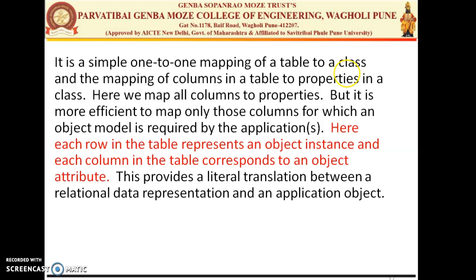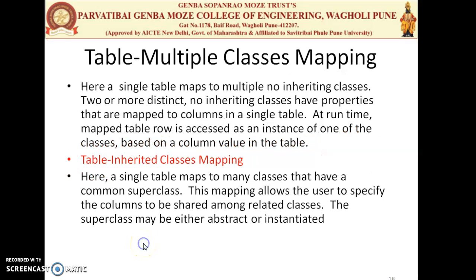Each row in a table represents an object instance and the columns represent the attributes. So in a table we put the rows as different objects, and in the column section we have the properties of that particular object. This provides a literal translation between the relational data representation and an application object.